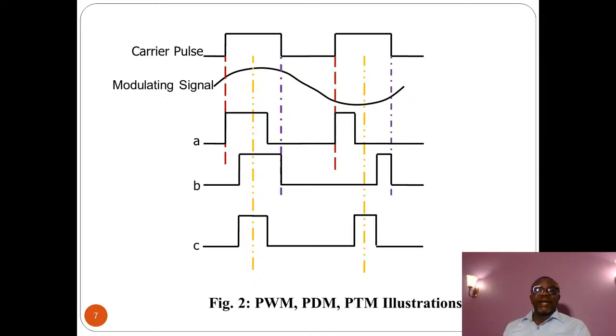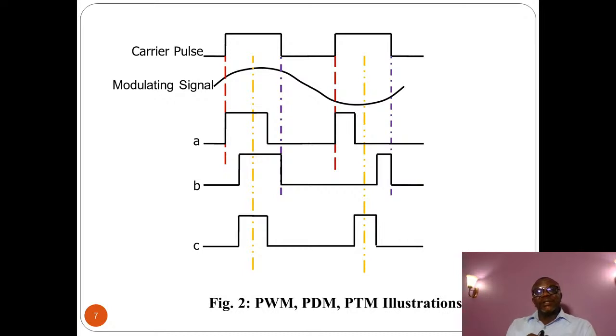Now, if you look at the modulating signal and the pulses, which we call the carrier pulse, you see in A, we said the leading edge or the trailing edge. Now, in A, the leading edge is used to start the excursion. You can see how the pulse rises with the amplitude of the signal being high.